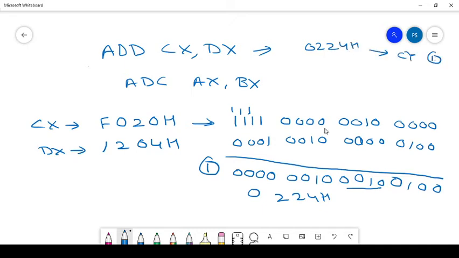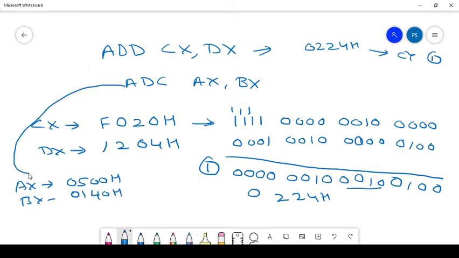Carry is generated. Then if you go for this instruction ADC AX comma BX, similarly if AX is some 0500H, BX is some 0140H, then what is meant by this instruction is that it adds the content of AX and BX, and the result will be added with the content of carry.